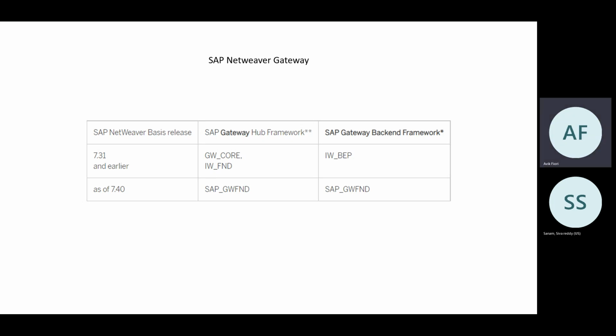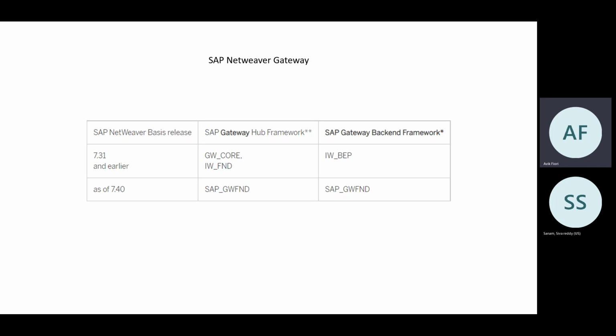When this gateway NetWeaver was introduced, the basic components were released. Generally there is a front-end server and a backend server. From the front-end server perspective, you need components like GW_CORE and IW_FND. And from the backend perspective, you need a component like IW_BEP. This is basically a backend related component.